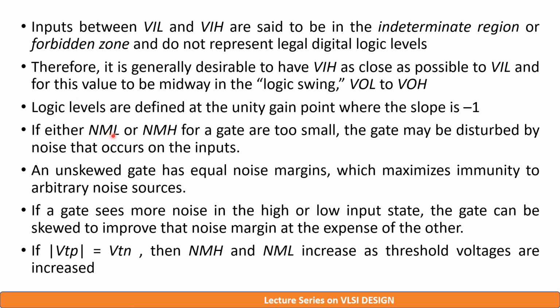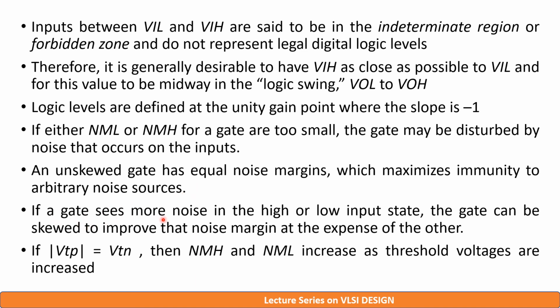If low noise margin or high noise margin for a gate are too small, the gate may be disturbed by the noise that occurs on the input. An unskewed gate has equal noise margins, which maximizes immunity to arbitrary noise sources.